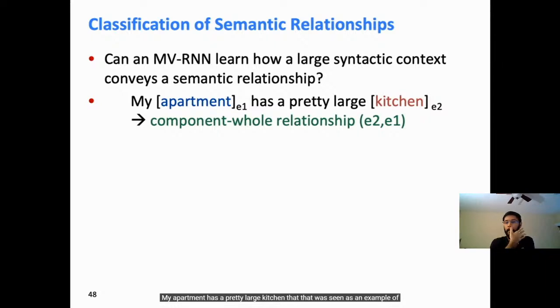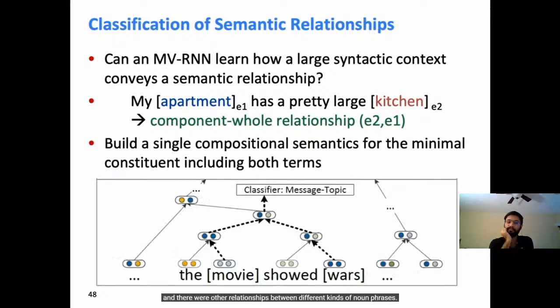That was seen as an example of a component-whole, a part-of relationship between the two noun phrases. And there were other relationships between different kinds of noun phrases. If it was the movie showed wars, that was then a message-topic relationship, so there's some communication medium that contained some topic.